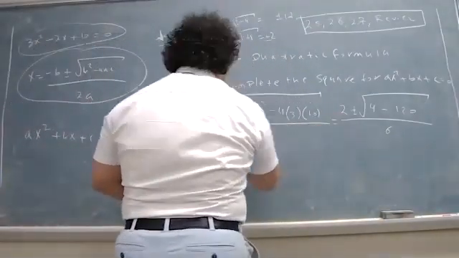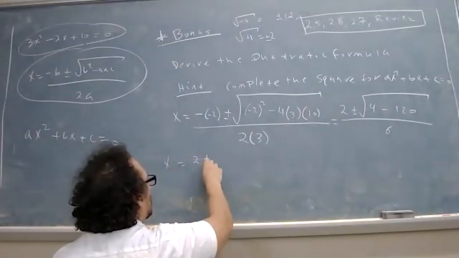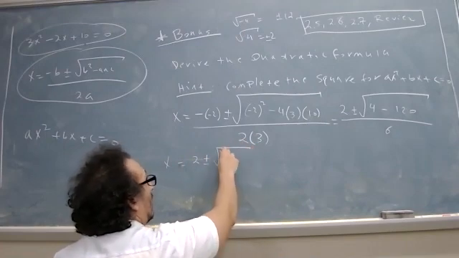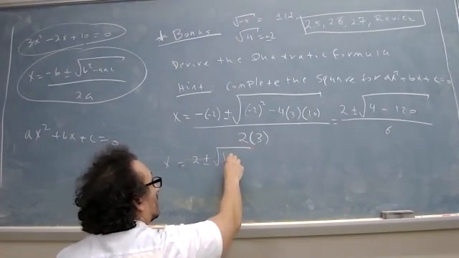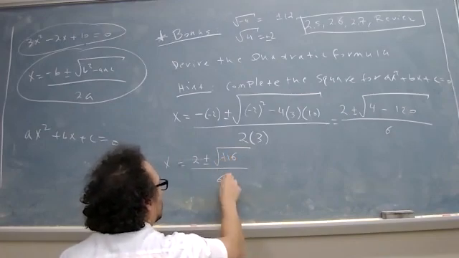Okay, so bringing the calculation over here, I get x is equal to 2 plus or minus the square root of negative 116, everything divided by 6.